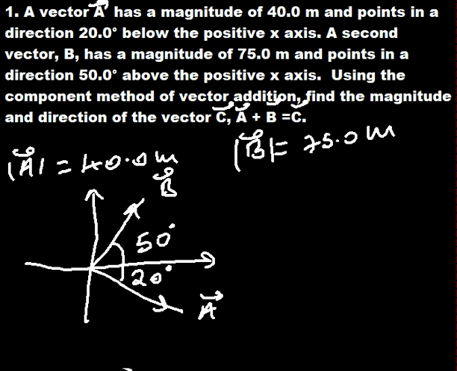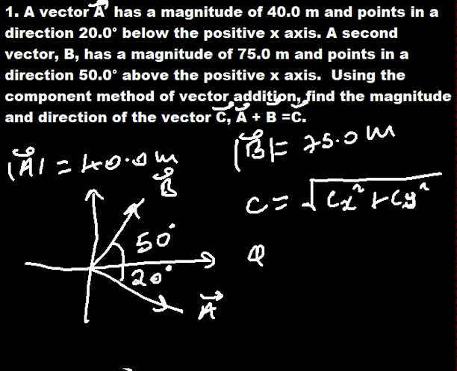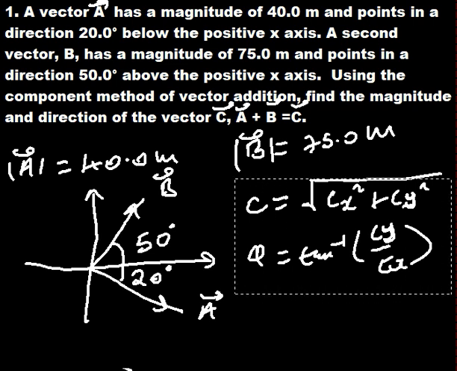So the point of interest is that we should have the magnitude of vector C using the Pythagoras theorem, which is the square root of cx squared plus cy squared, and the direction should be given as the tan inverse of cy over cx, according to the principles behind. So let's go ahead and see how we can have all this.